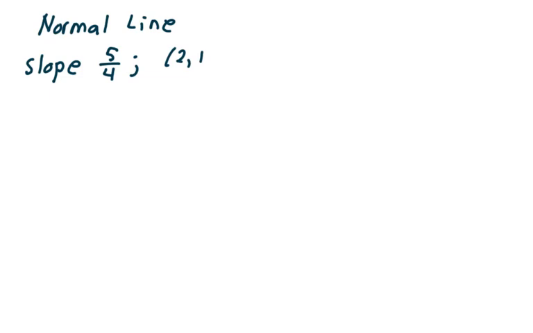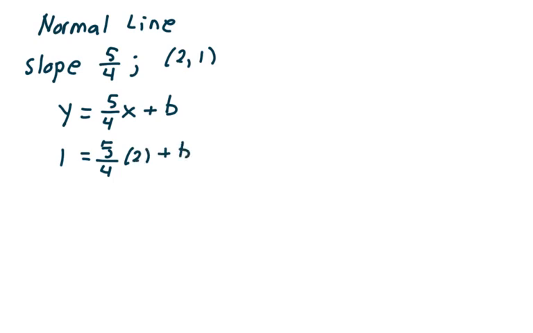The ordered pair is (2, 1). y equals 5/4, that's the slope, x plus b. So I'm going to replace y with 1, and then I'm going to replace x with 2, and add b.